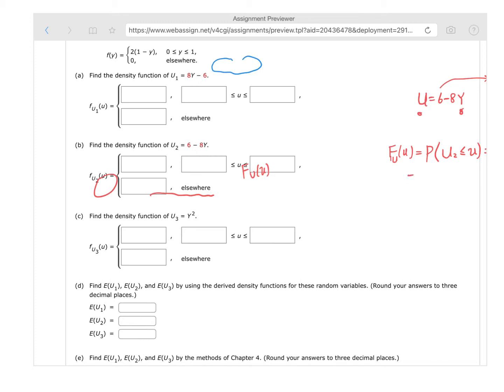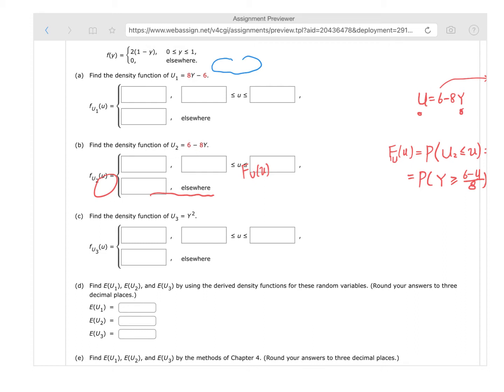Now, this is the same probability. So solve for y here. You see that y is greater than or equal to (6 minus u) over 8. So pause the video and verify this. This is just simply solving an inequality. And this is equal to 1 minus the probability that y is less than (6 minus u) over 8.